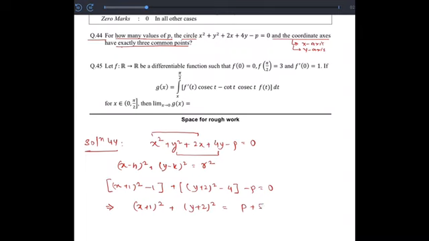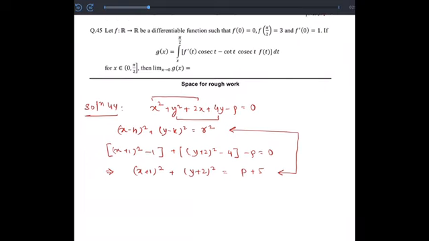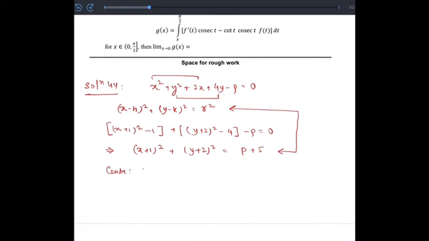So we can now compare these two equations. So the center of this circle h comma k is minus 1 comma minus 2, and the radius is under root p plus 5.